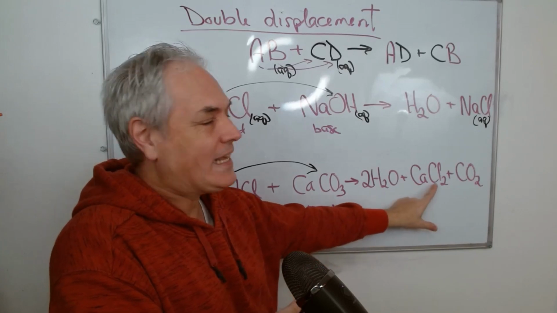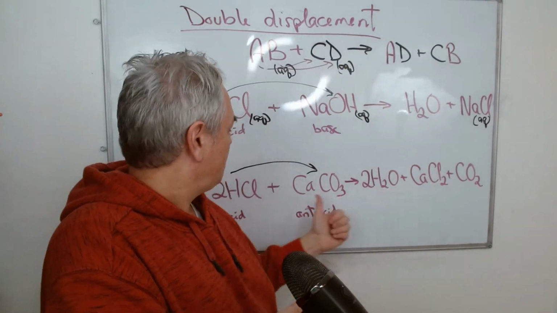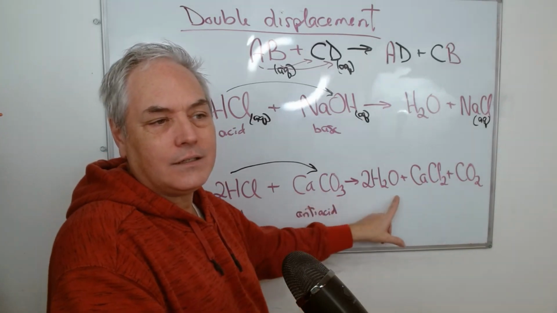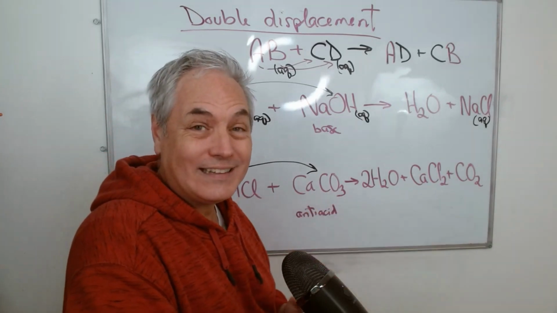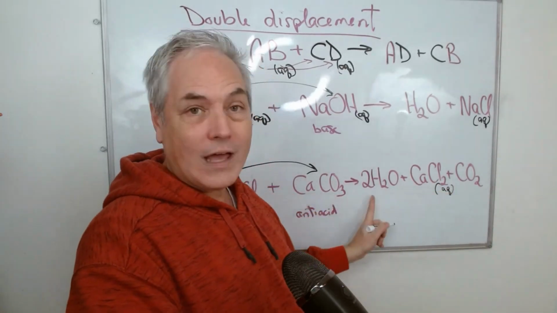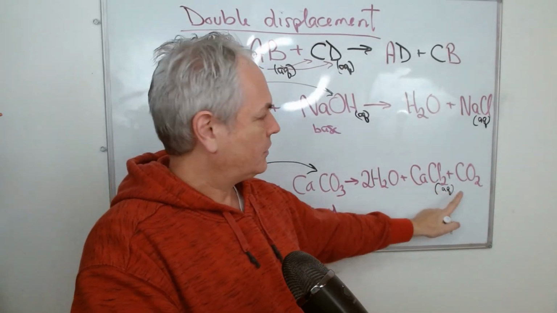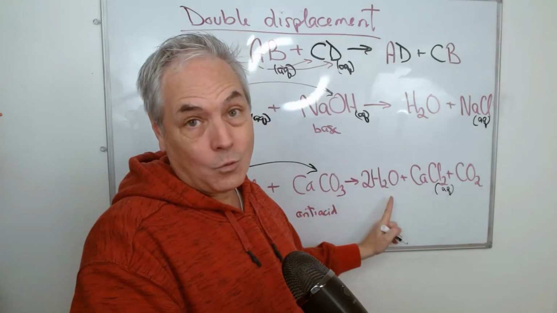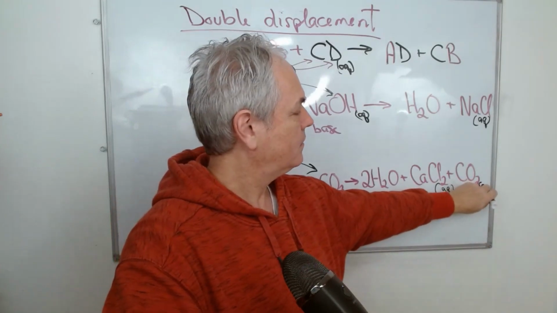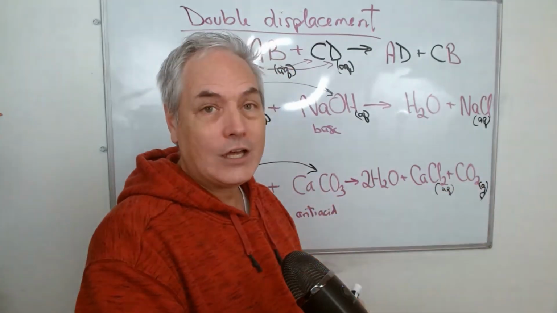You also have CaCl2, because you have chlorine left by itself and calcium, and you have carbon dioxide. Here the salt is dissolved in water, so aqueous, and then you also have carbon dioxide, which will be a gas.